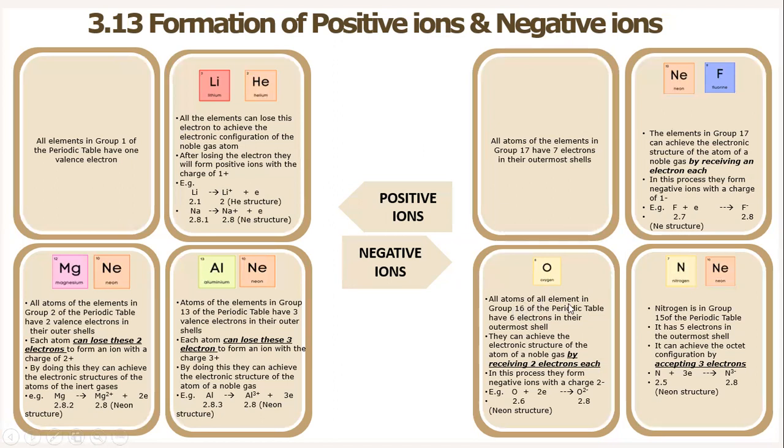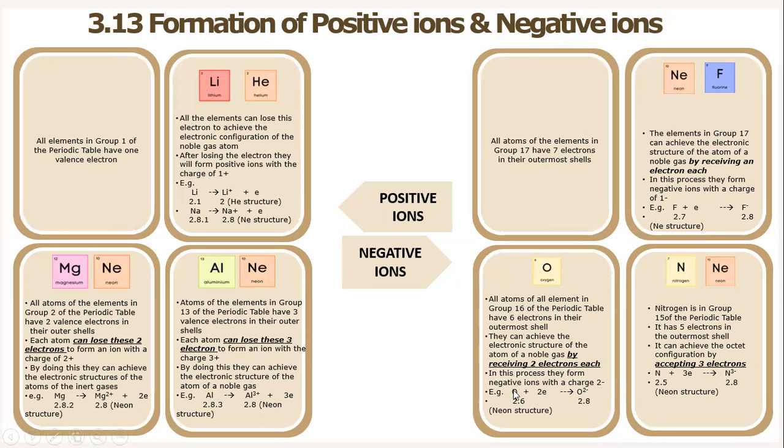All atoms of all elements in group 16 of the periodic table have 6 electrons in their outermost shell. They can achieve the electronic structure of the atom of a noble gas by receiving 2 electrons each. In this process, they form negative ions with a charge of 2 negative.